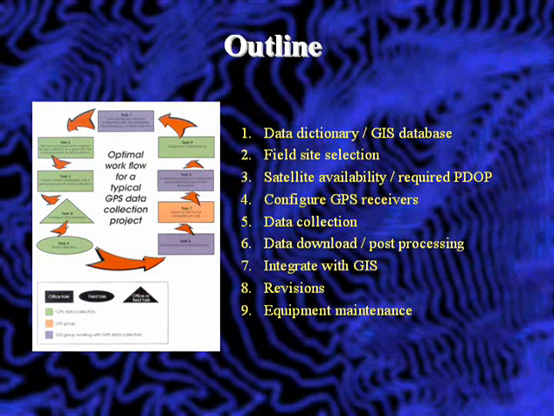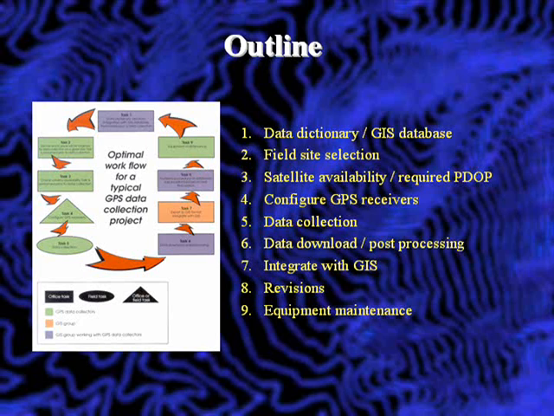So again, what we did is the entire outline here. Basically, that's easy because in the field you want to assign the value directly to your location. Then field site selection, where do you actually want to go? Where do you want to have your samples? We'll talk about random sampling and sampling design in the next lecture.